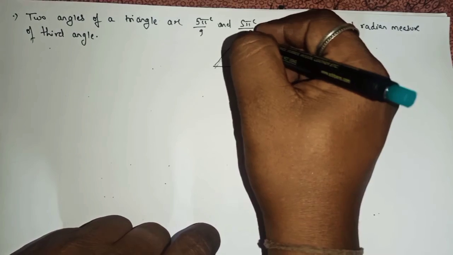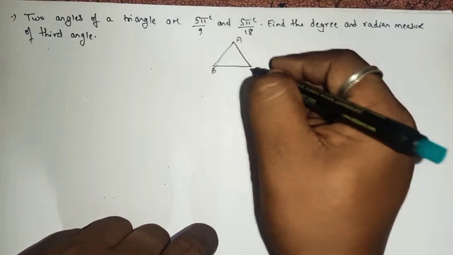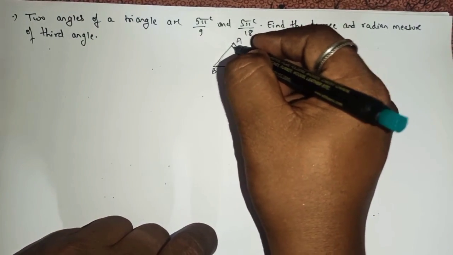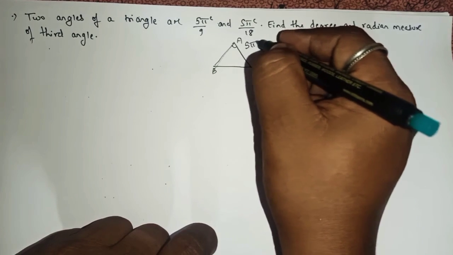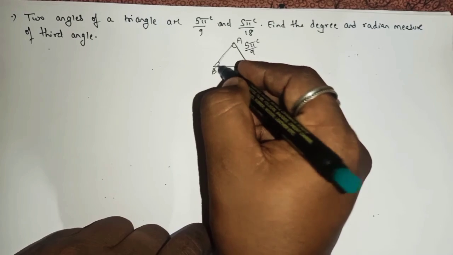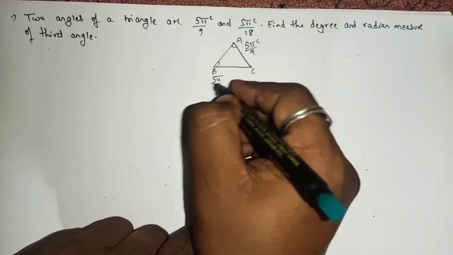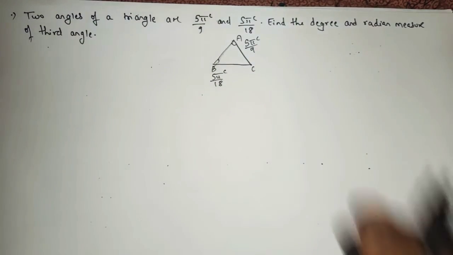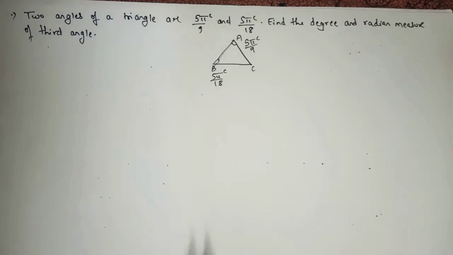Let's consider this triangle as ABC, in which we take angle A as 5 pi by 9, the angle being in radian, and for angle B we take 5 pi by 18. Then you have to find the degree and radian measure of the third angle, that means the answer for C.